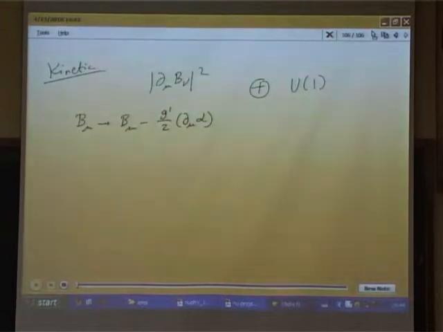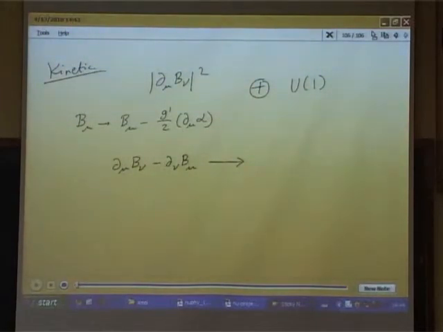However, if you look at something which looks like this, ∂_mu B_nu minus ∂_nu B_mu, it's also kinetic squared. So let's look at this term. This is the first derivative. Now, let's see what happens to this term under this gauge transformation.